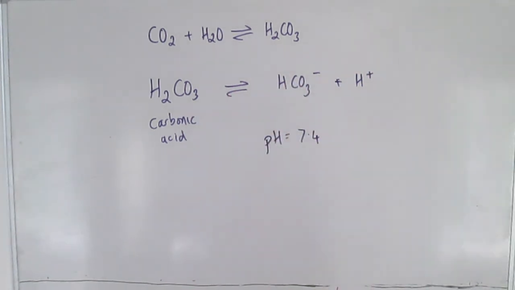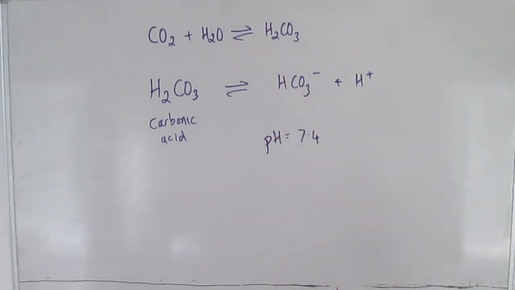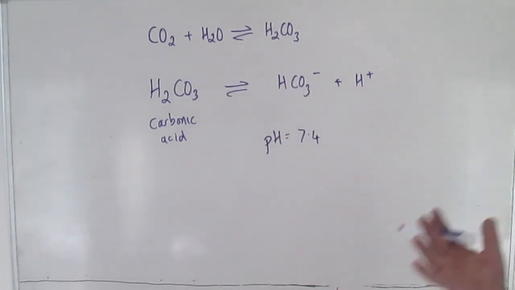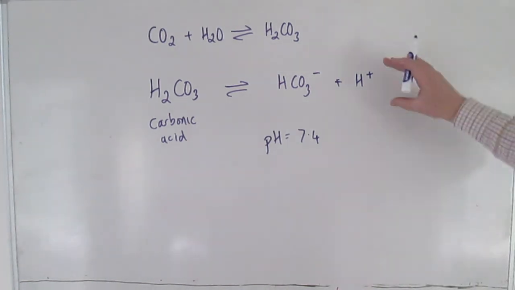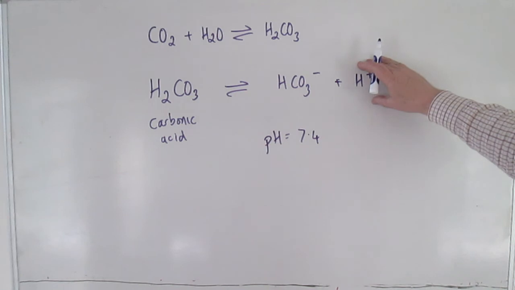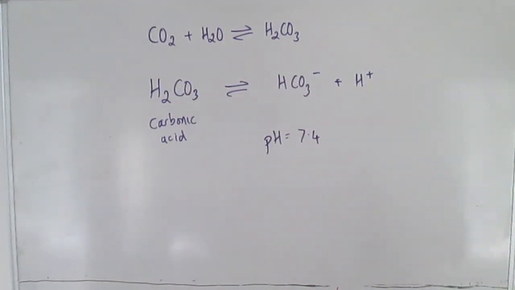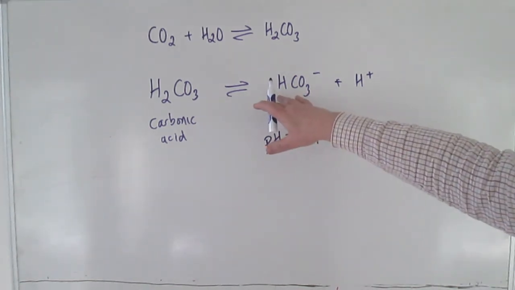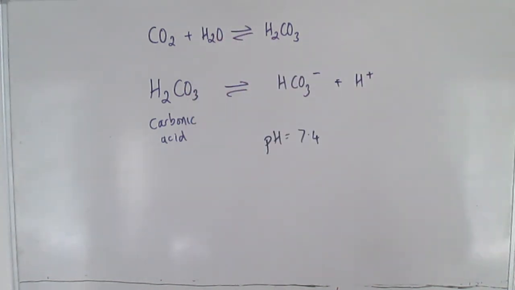So you can use that explanation that you've practiced to explain a process in the blood. Likewise, if something happens in the body which produces extra alkali, that will decrease the H plus concentration initially, but again this can shift to the right to replace it. So you need to know this story, that this is what the buffering system is in the blood, and I guess you should know that this is where H2CO3 comes from.